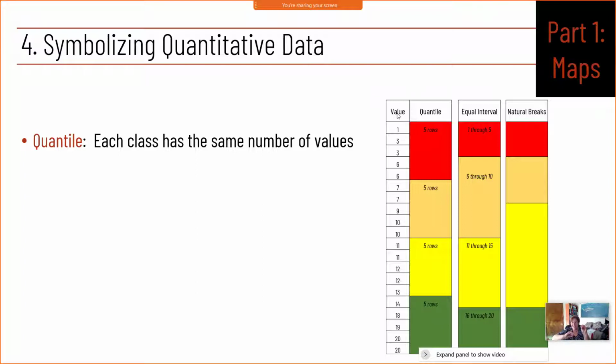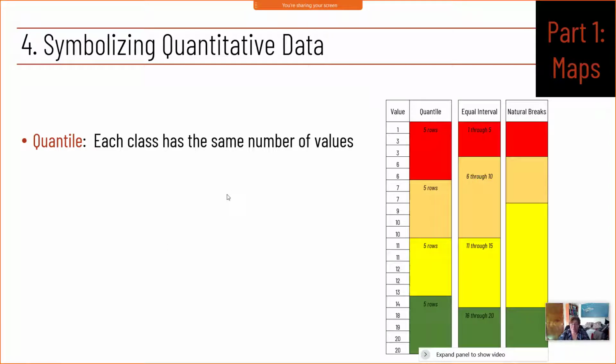What I've done here is I basically just ordered them from smallest to largest. You can see that there's two 3s and two 6s, and it goes all the way up to 20. So for quantile, every class has the same number of values.